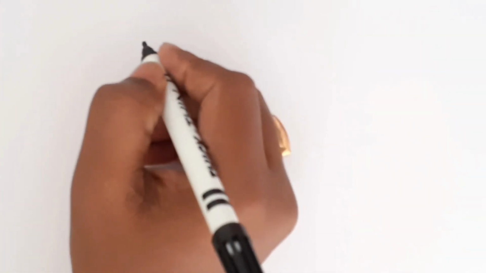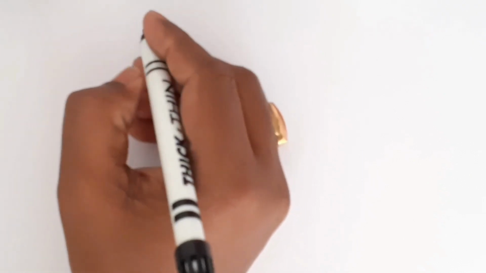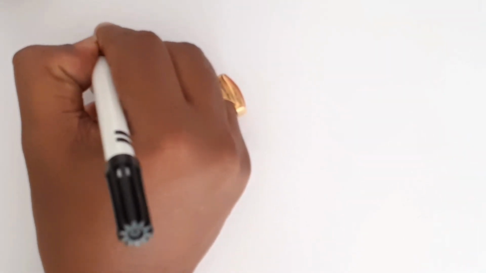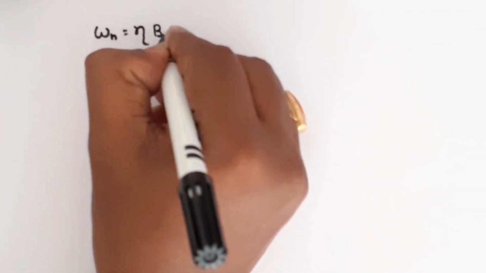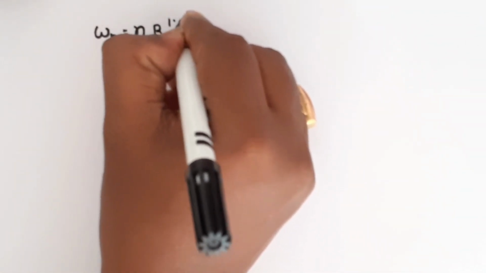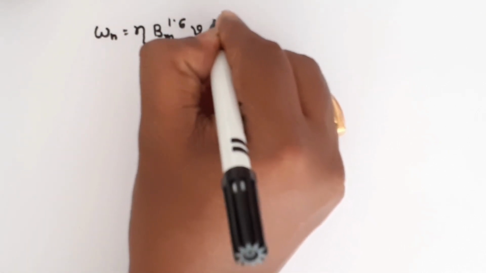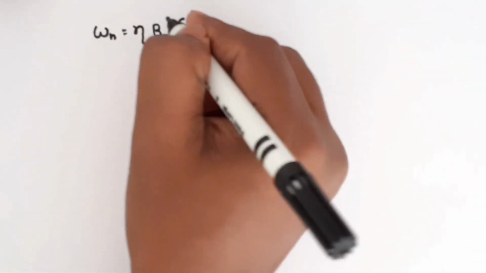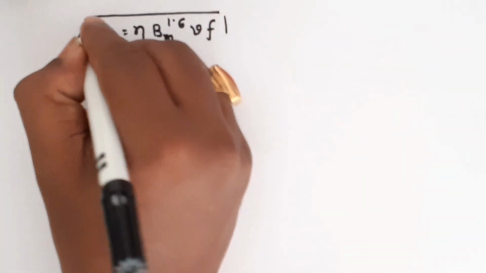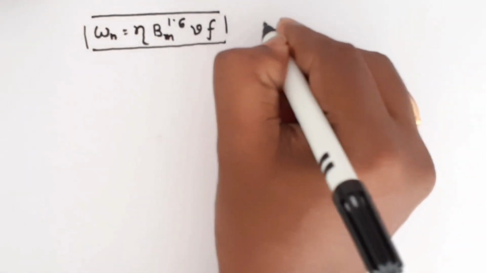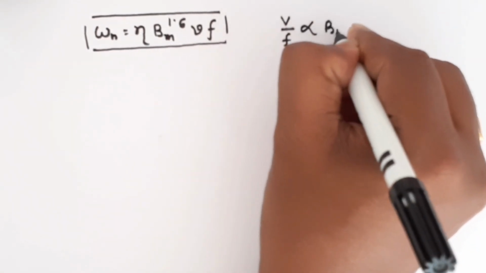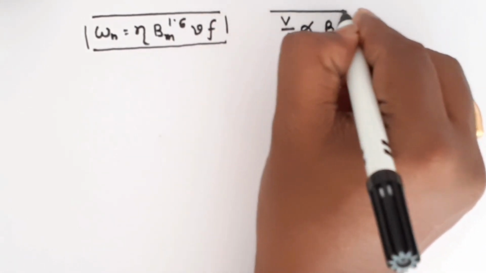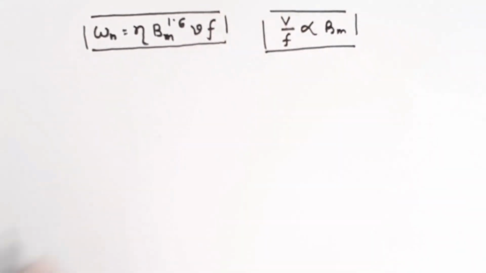Just a few minutes back, we have derived two relations. One is hysteresis loss W_H equal to some constant into B_m to the power 1.6 into volume of core into frequency. Again, we have derived that the supply voltage by frequency is proportional to B_m. Let us take some conditions.